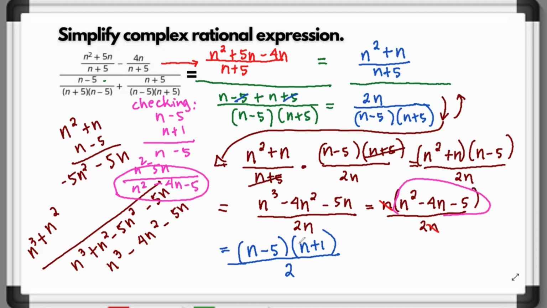Meaning, these binomials, these expressions, are already the factors of this trinomial over 2. That means this is now our final answer.